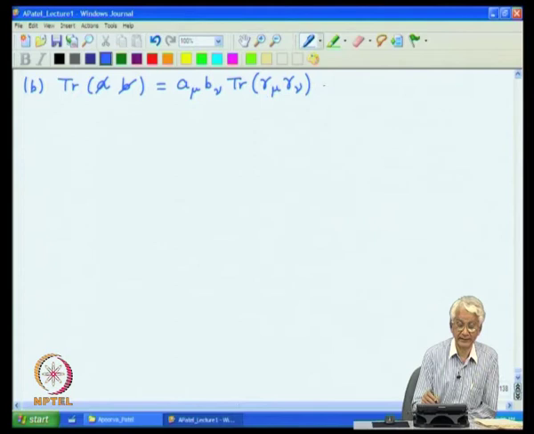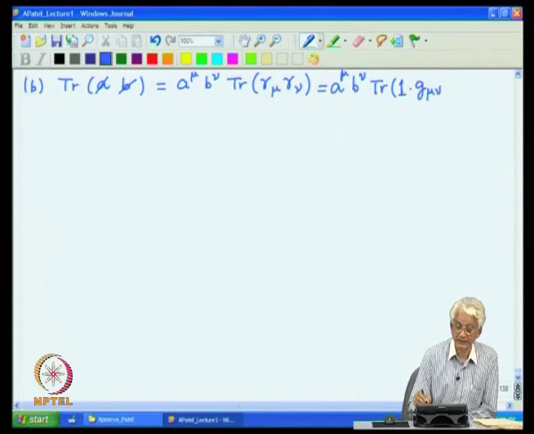symmetric because the trace is cyclic. So, you can get it in either order, and so the trace of gamma mu gamma nu is nothing but, to be precise, I should put these indices in a proper up and down location, trace of identity times g mu nu.